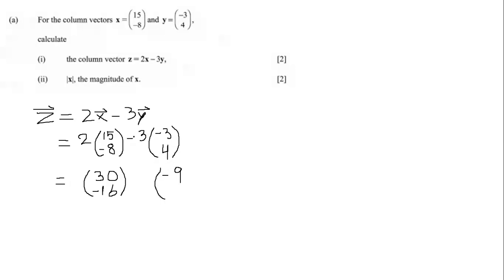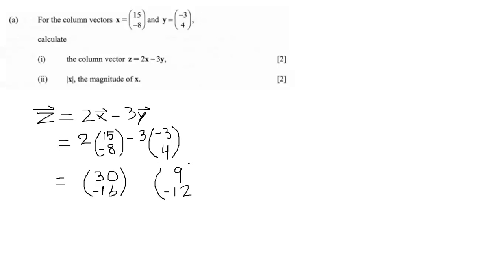Oh, my apologies. -3 multiplied by -3 is +9, not -9, because a negative multiplied by a negative is positive. And next, -3 multiplied by 4 is, of course, -12.